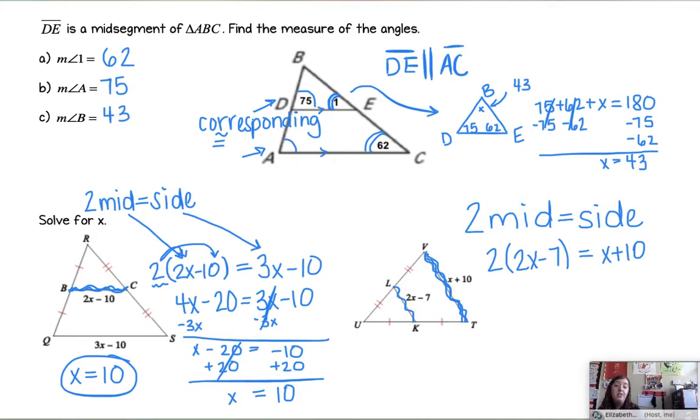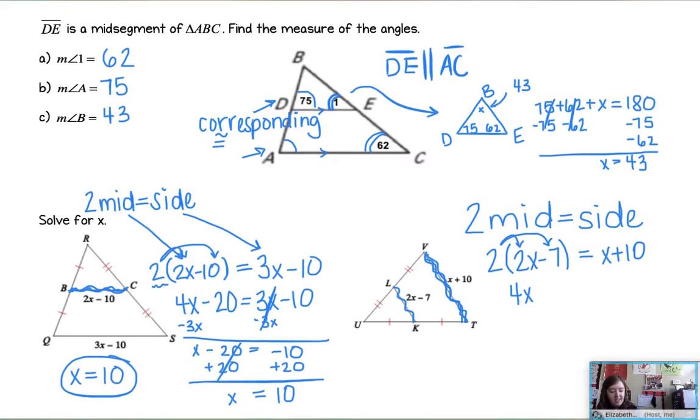So what do we need to do first to start solving? Very good. Yes, wonderful. Good job, Hunter and Lizzie. We're going to distribute that 2 on through. So 2 times 2x is 4x.